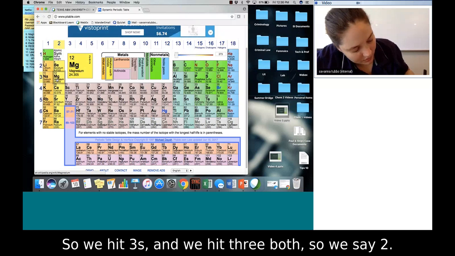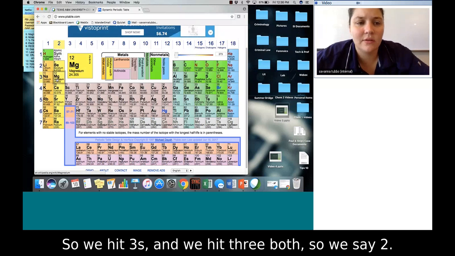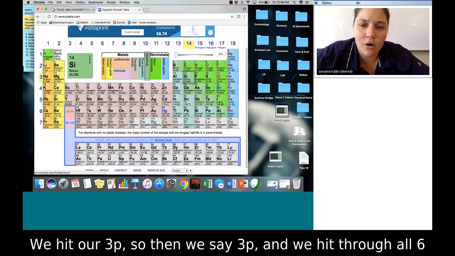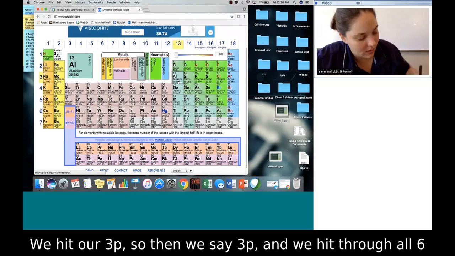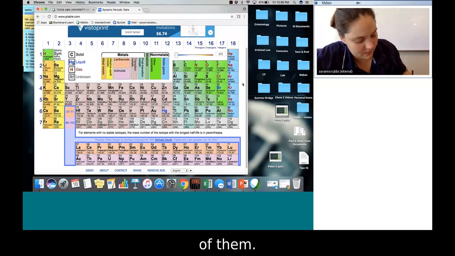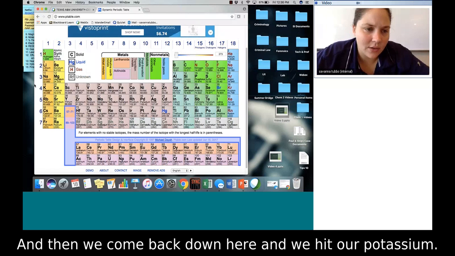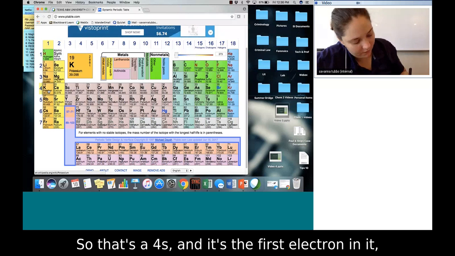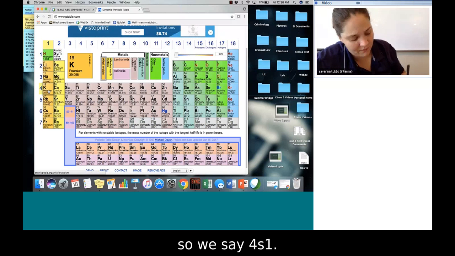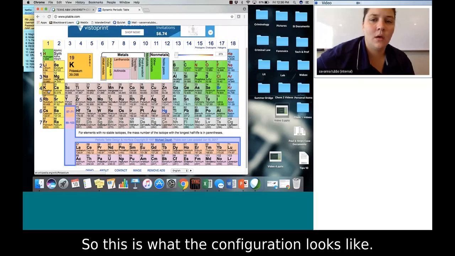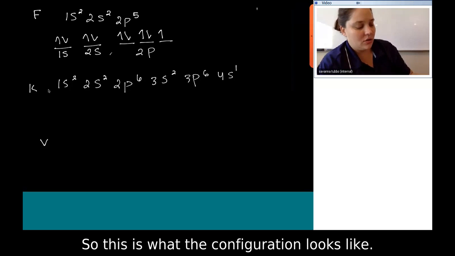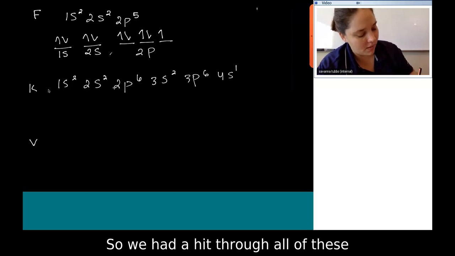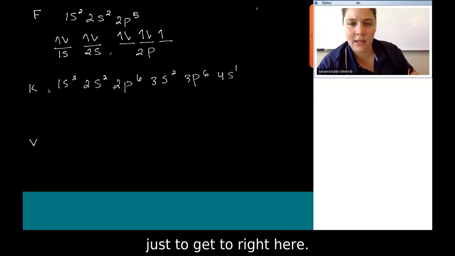So we hit 3s and we hit through both, so we say 2. We hit our 3p, and we hit through all 6 of them. And then we come back down here and we hit our potassium. So that's a 4s, and it's the first electron in it, so we say 4s1. So this is what the configuration looks like. So we had to hit through all of these just to get to right here.